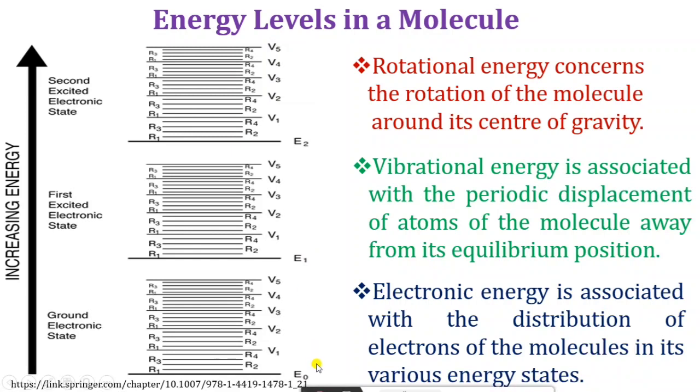If a molecule absorbs enough energy to go from E0 to E1, electrons can go from the lowest energy level to a higher energy level. This energy normally comes in the range of the ultraviolet and visible region, and UV-visible spectroscopy therefore deals with the electronic transition in molecules.